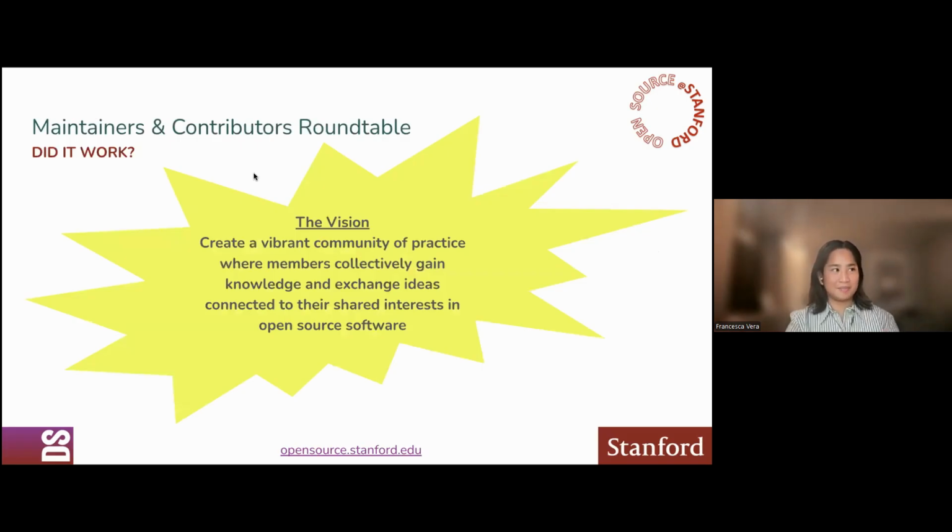To sort of summarize or bring us back full circle to the very beginning, what was the vision when we first imagined the MNCR? It was to create this vibrant community of practice where members collectively gain knowledge and exchange ideas connected to developing open source software for their research.